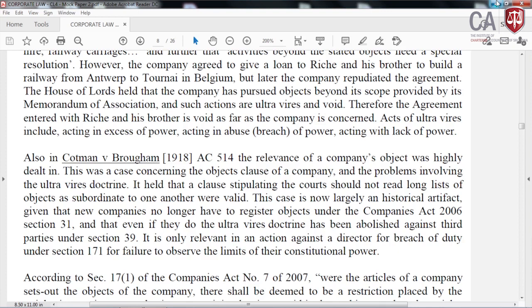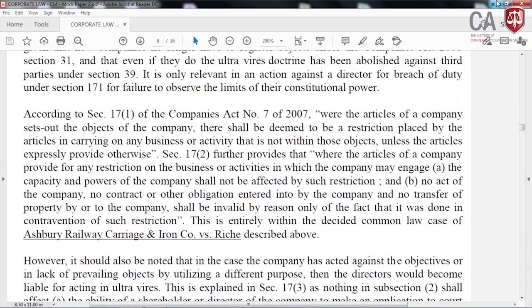This case is now largely an historical artifact, given that new companies no longer have to register objects under the Companies Act 2006 section 31 in the UK, and that even if they do, the ultra vires doctrine has been abolished against third parties under section 39. It is only relevant in an action against a director for breach of duty under section 131 for failure to observe the limits of their constitutional power, or what has been mentioned in the articles of association.